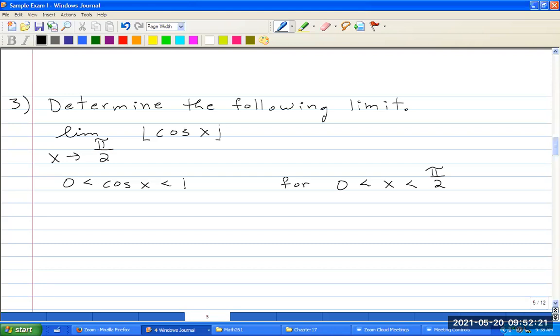So cosine of x is positive in the first quadrant. Therefore, and it's less than 1. Therefore, its floor is 0. The greatest integer less than something between 0 and 1 is, well, 0.